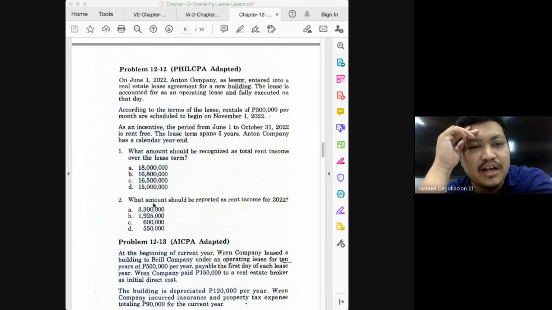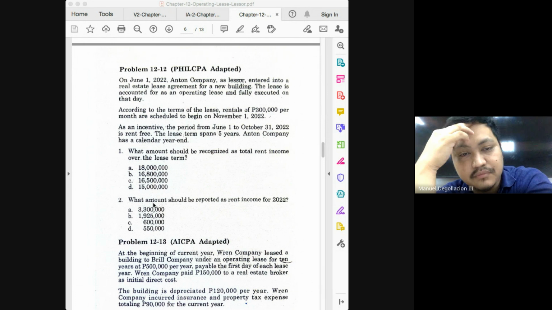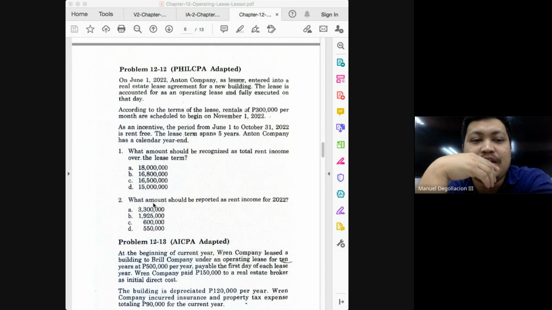But you will not actually get 18 million because you have given June to October for free. How many months is June to October? June, July, August, September, October. That's 5. 5 times 300,000 will give you 1,500,000. So deduct that from the 18 million, the total amount that you would get will just be 16,500,000. And that would be the answer.